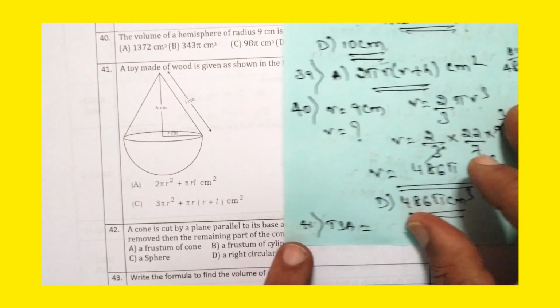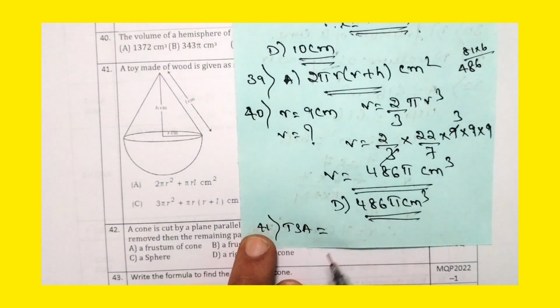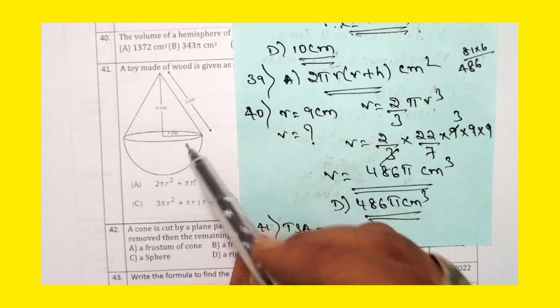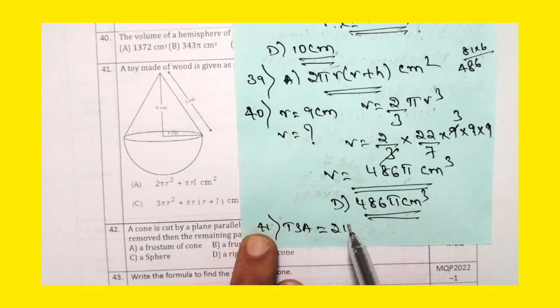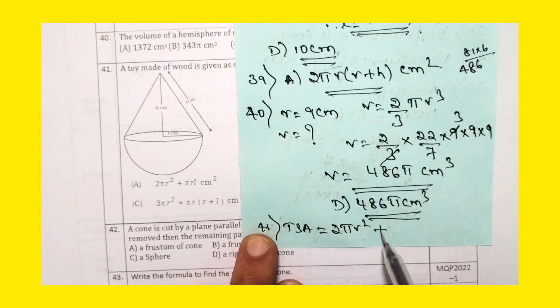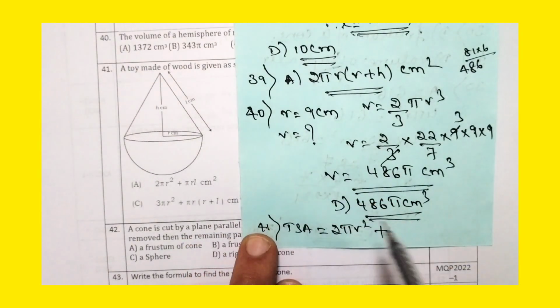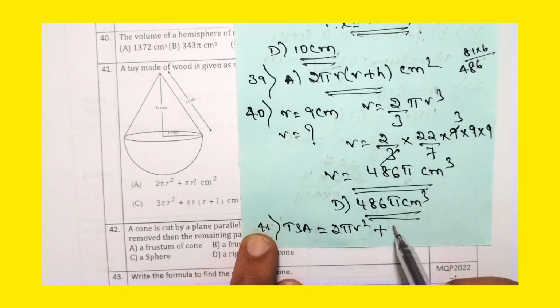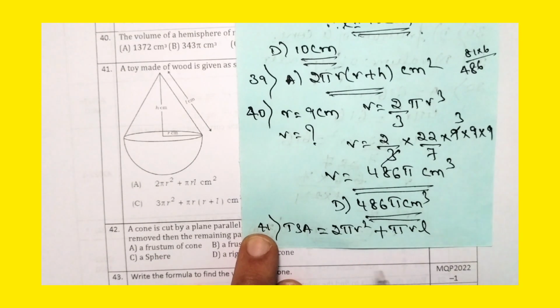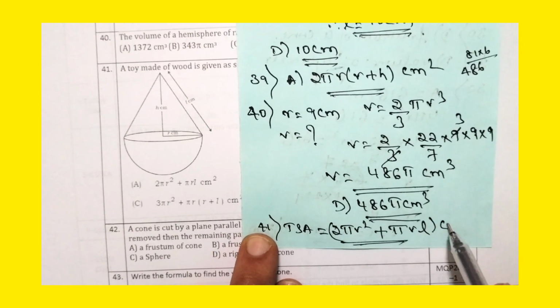So the total surface area is equal to, what is the surface area of a hemisphere? It is 2 pi r square. What is the curved surface area of a cone? It is pi r l. So 2 pi r square plus pi r l centimeter square.